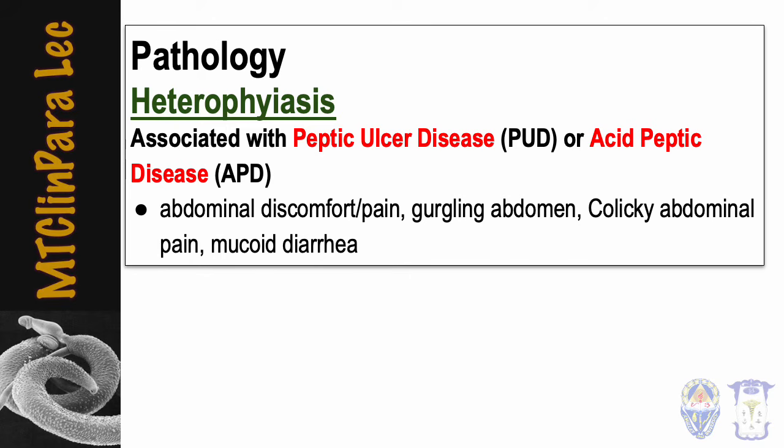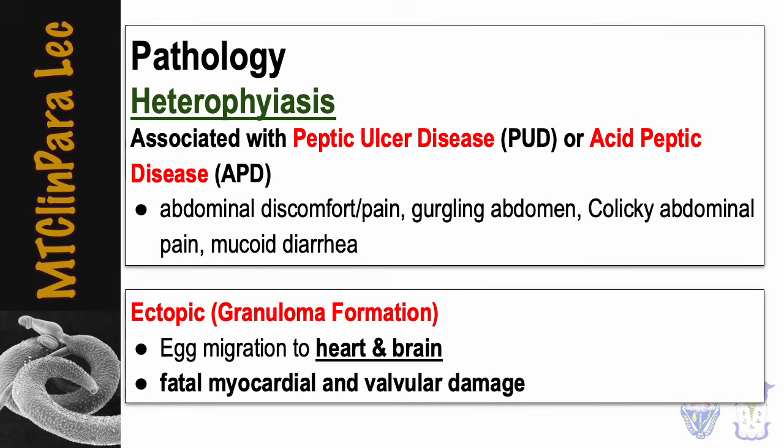Patients affected with this parasite may feel abdominal discomfort or pain, gurgling abdomen, colicky abdominal pain, and mucoid diarrhea. But what makes Heterophyes the deadliest trematode infection is the ability to be ectopic.